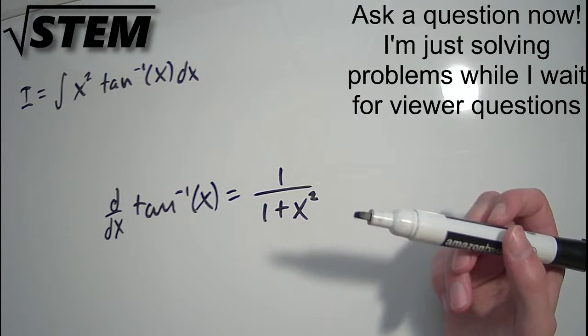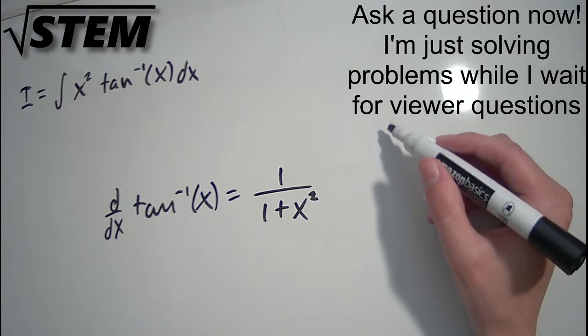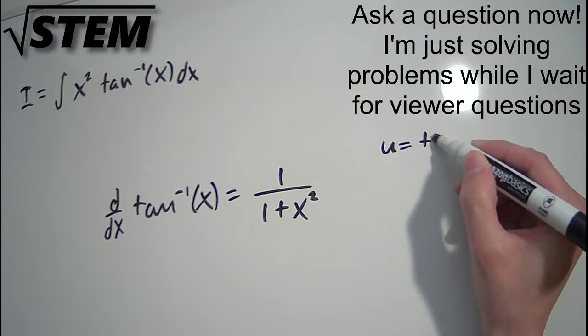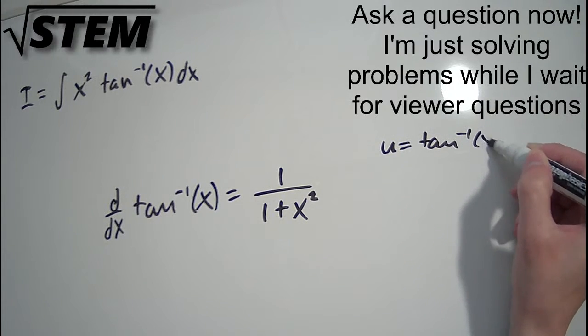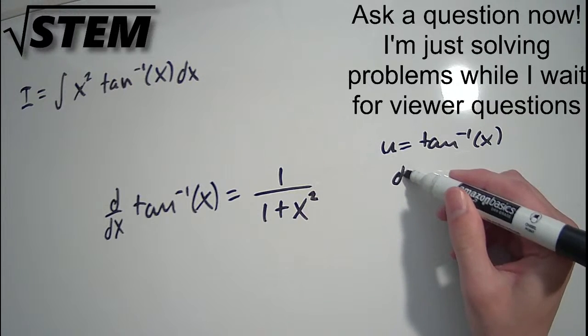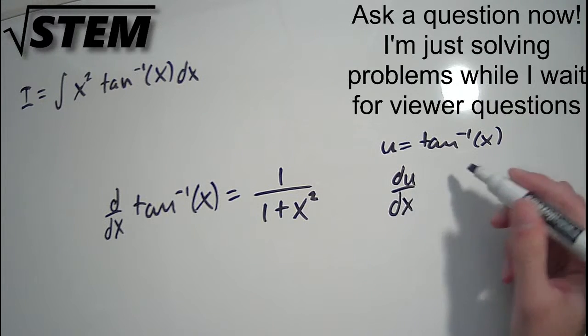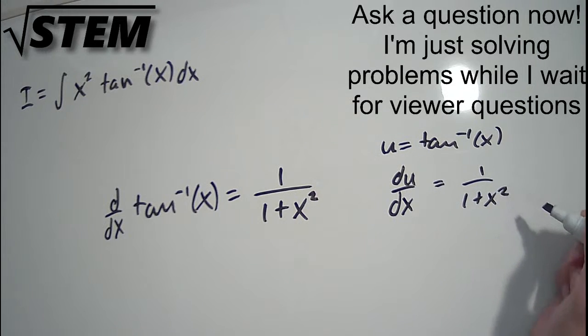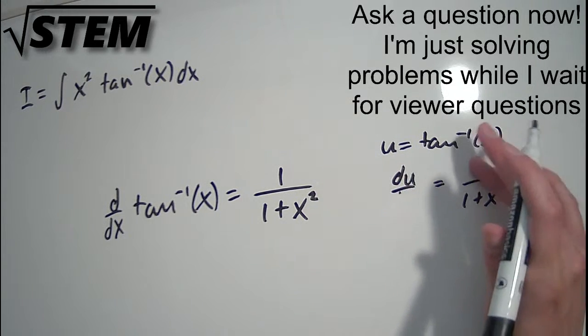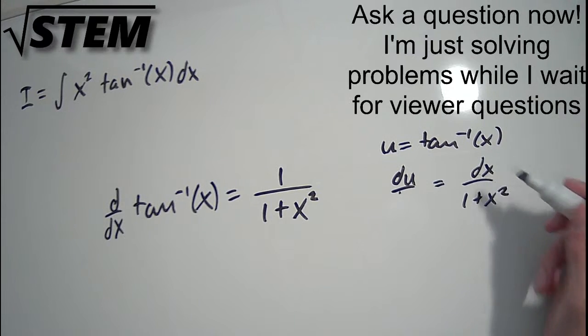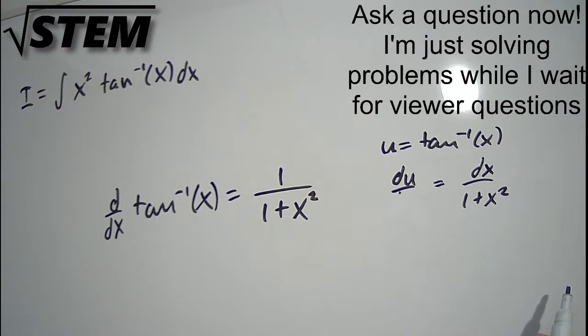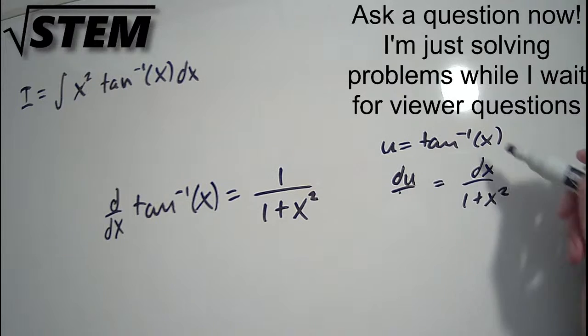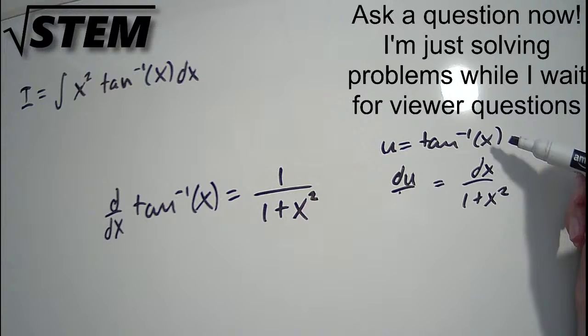Well, if we did something like letting u equal tangent inverse, du dx would be 1 over 1 plus x squared. We'd have du equal to dx over 1 plus x squared, which is not anything that we have in the integrand, so I don't think that would necessarily take us anywhere.